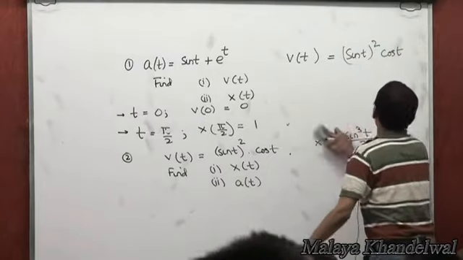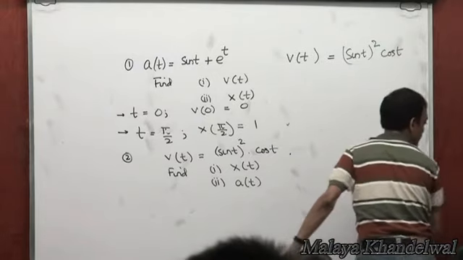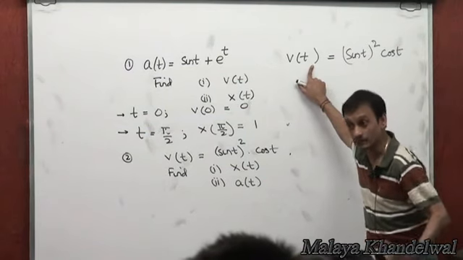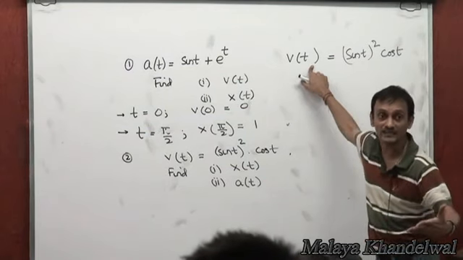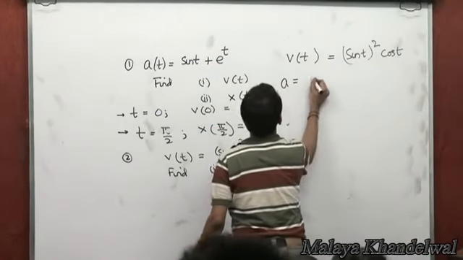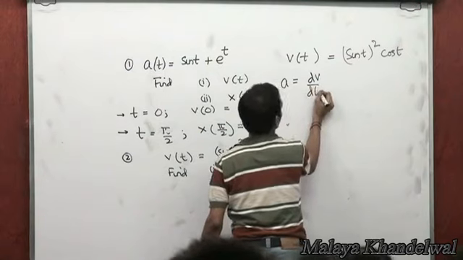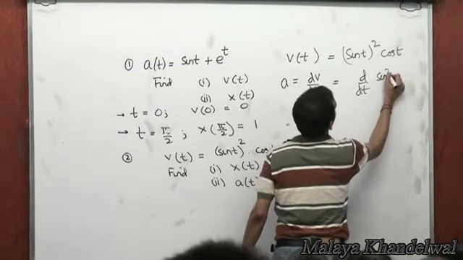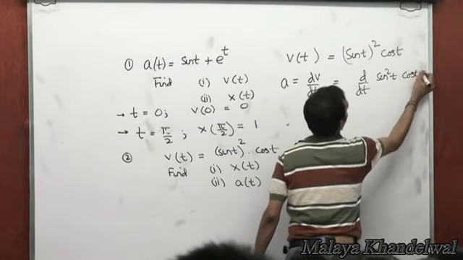Now, how about acceleration? I want to differentiate v with respect to t, right? dv dt would give me acceleration. That is d dt of sin squared t cos t.